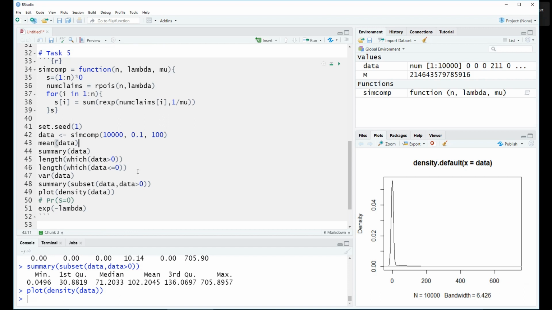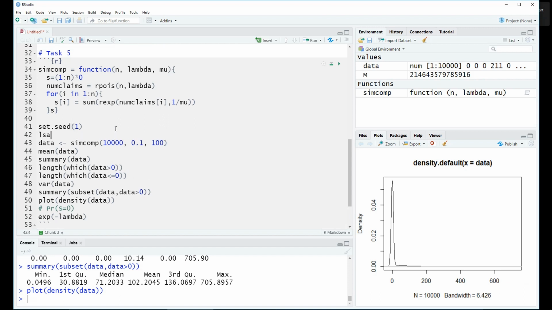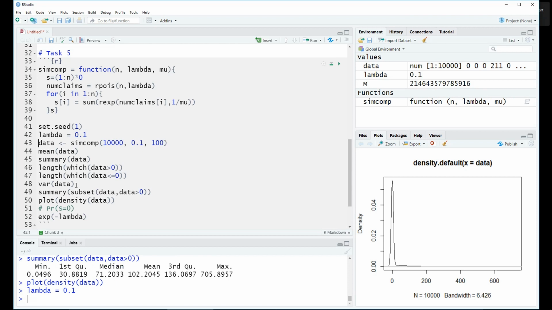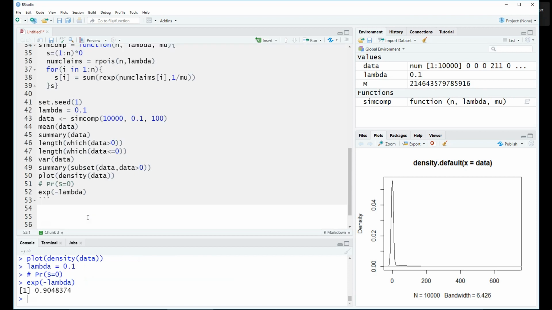It is 0.1. So this exponent gives us 0.9048, and the expected value gives us about 10, and the variance is about 2000. Okay, exponent 0.1.